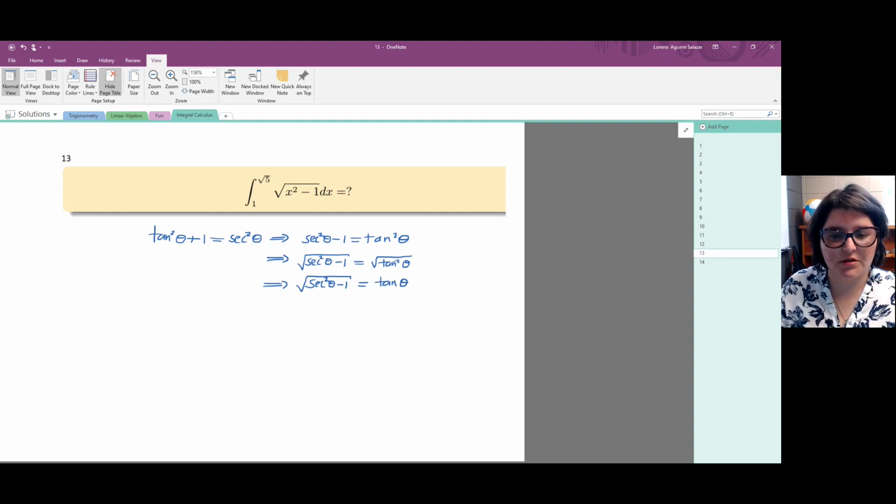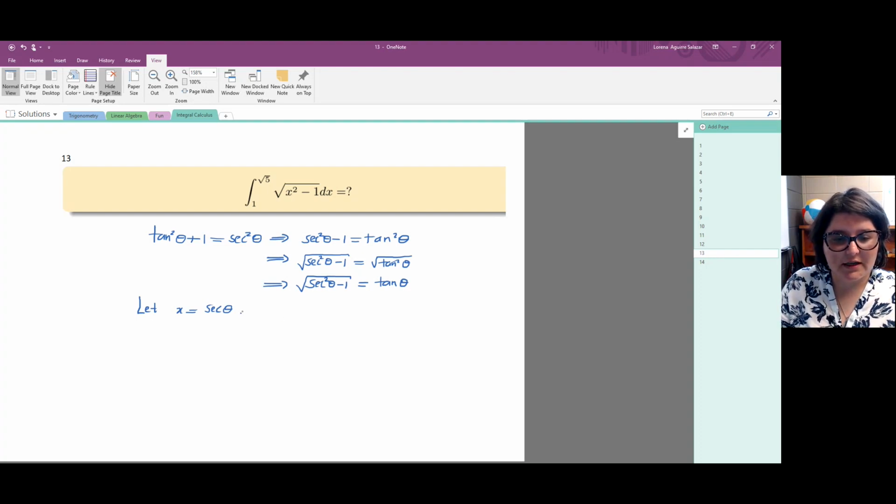That's for theta between certain values. And the values we have here for x between 1 and root of 5 will be such that the tangent will become like this when we make x equals secant of theta.